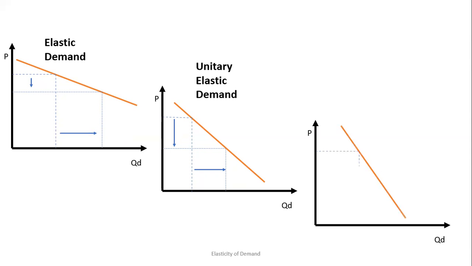On the same lines, taking two points and joining them in this diagram, we can see that the reaction of price, or the change in price, is greater in magnitude, whereas the quantity demanded shows a smaller reaction to it.